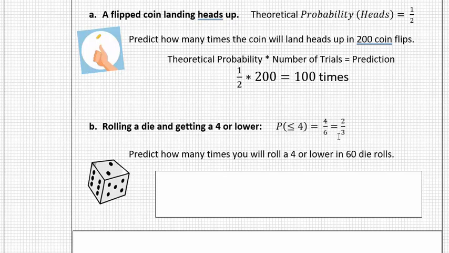So how can we use that to predict how many times we would roll a 4 or lower in 60 die rolls, or dice rolls? See if you can use the same system, the same equation we used up here, to try this next prediction.